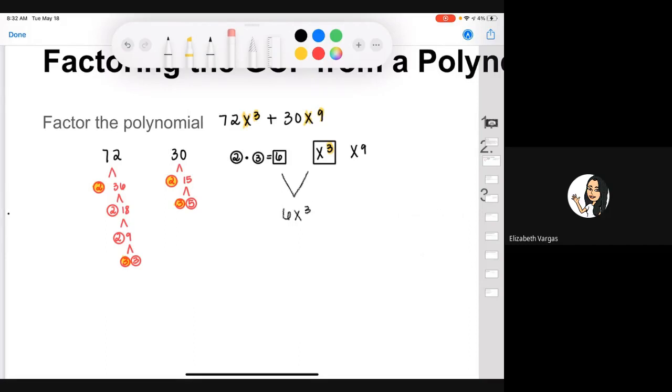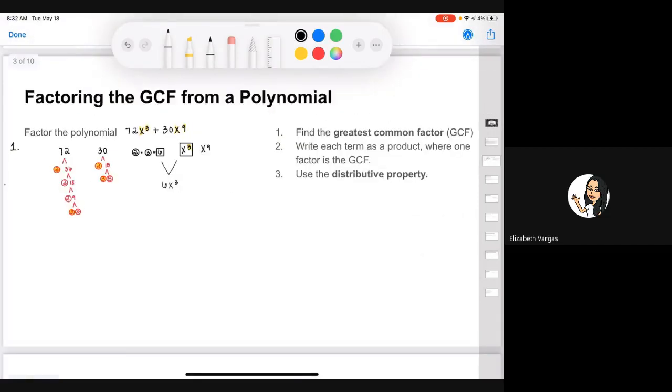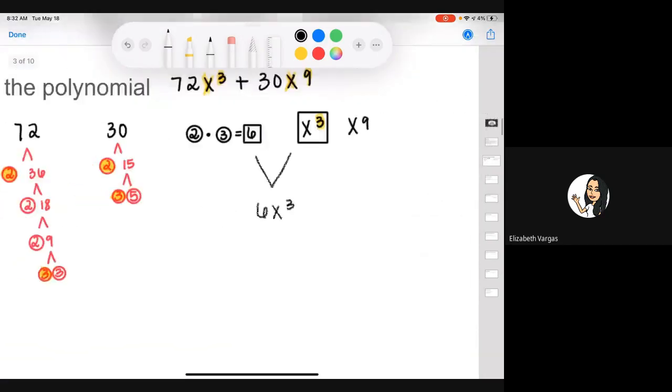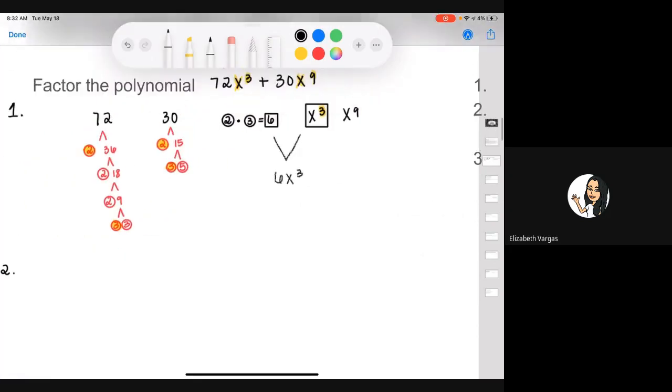So now our next step is to take this information. Now I know my greatest common factor is 6x cubed. So this is step 1, deriving those greatest common factors. Now what I'm going to do is write each term as a product where one factor is the greatest common factor. So I'm going to do step 2.